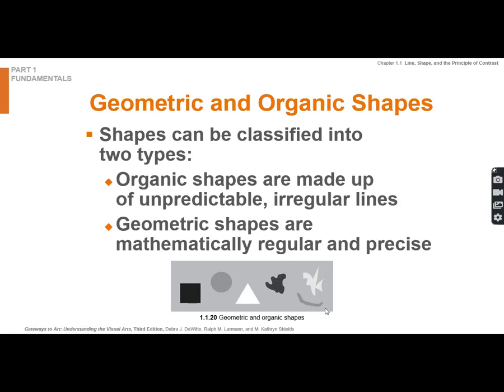Shapes can be geometric and organic. Geometric, we have words for: square, circle, triangle, hexagon, rhombus, whatever your favorite geometric shapes are. And then organic things we don't always have names for. We call them like something in nature. So organic, you've seen it in the grocery store, it's something found in nature or all natural.